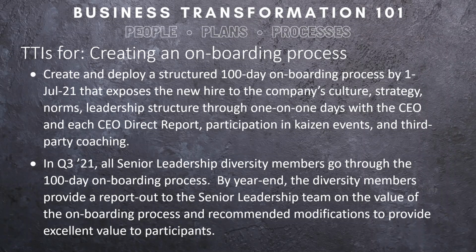Also has participation in Kaizen events and third-party coaching. Second, by the third quarter of 2021, all senior leadership diversity members go through the 100-day onboarding process. By year end, the diversity members provide a report out to the senior leadership team on the value of the onboarding process and recommended modifications to provide excellent value to the participants.